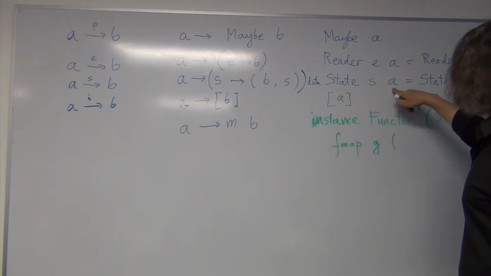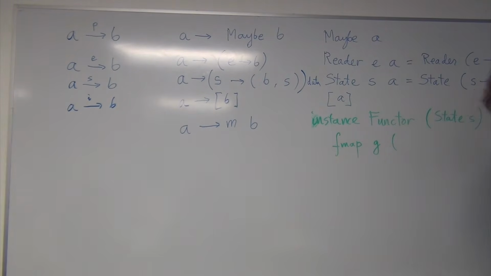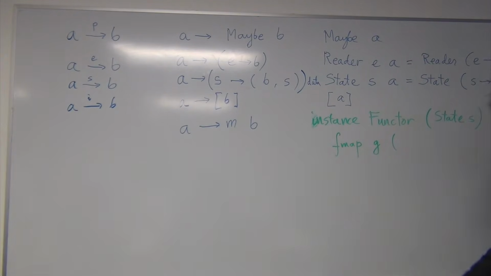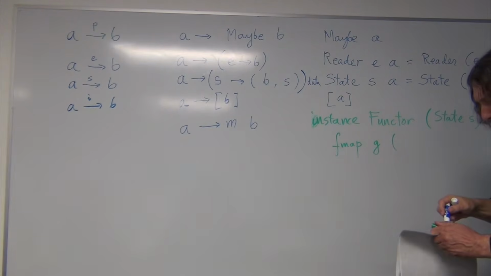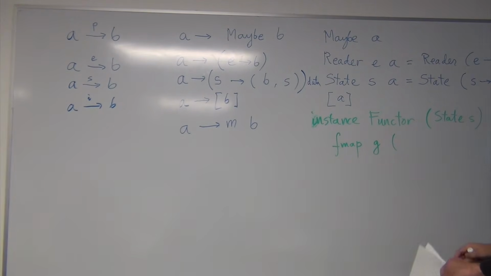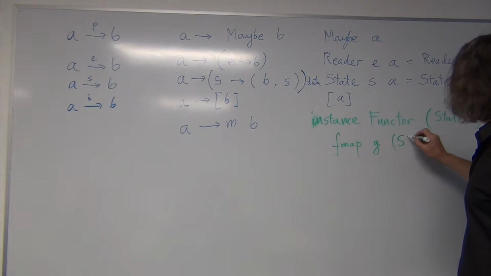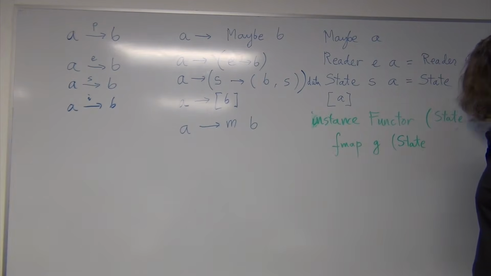So we pattern match it to its constructor, and its constructor has this function s to a s. Sorry. Renaming things is always tricky, right? So we are pattern matching it to state, which is this data constructor, and internally it contains a function. Let's call it f.